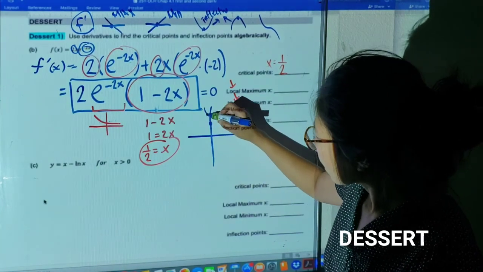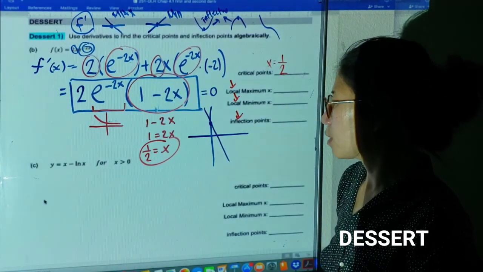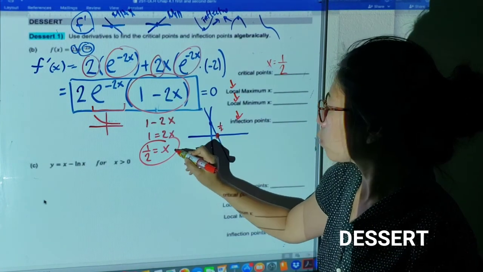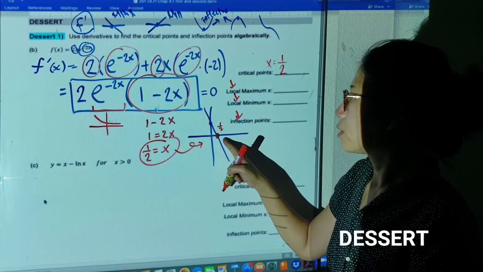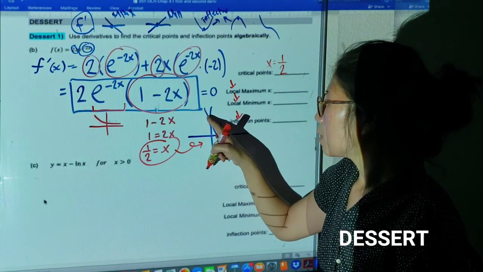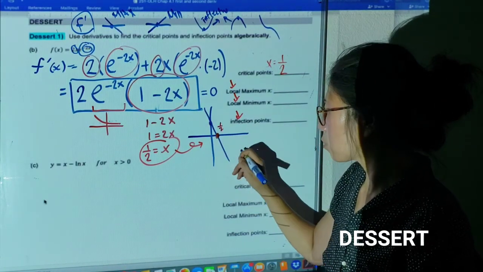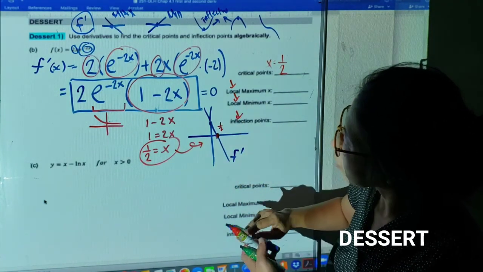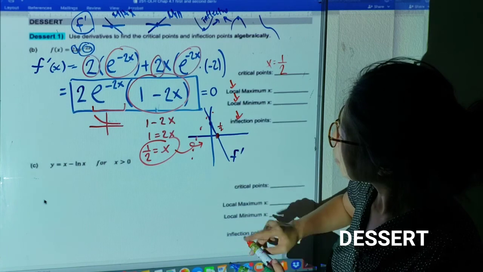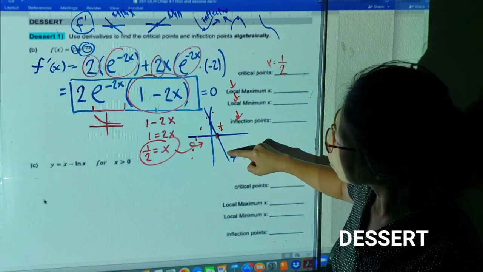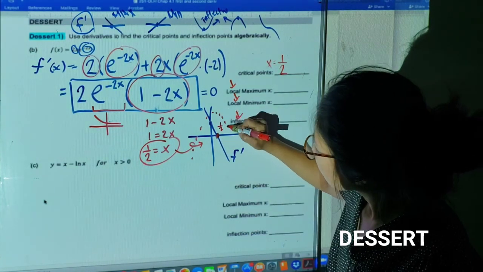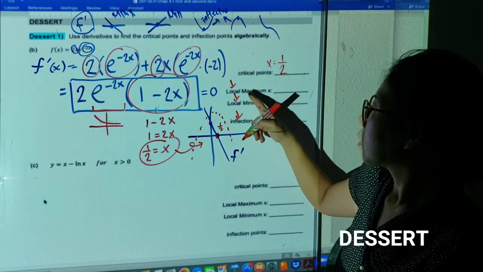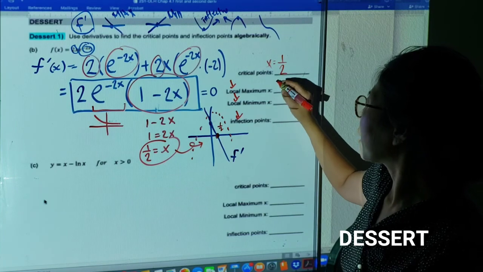When I graph it, do you guys see that what is this point? That is 1 over 2, which you already found, right? Whatever makes it 0. Then, look at my graph. Increasing, decreasing. Do you see that's my first derivative? Here says, oh, my original function is increasing. And then after that, after 1 over 2, it's going to be decreasing. Then, what does that 1 over 2 of critical point mean? That is going to be local maximum.